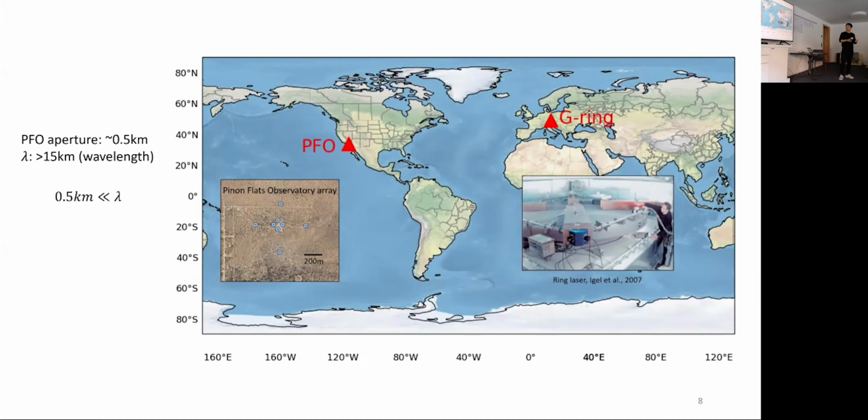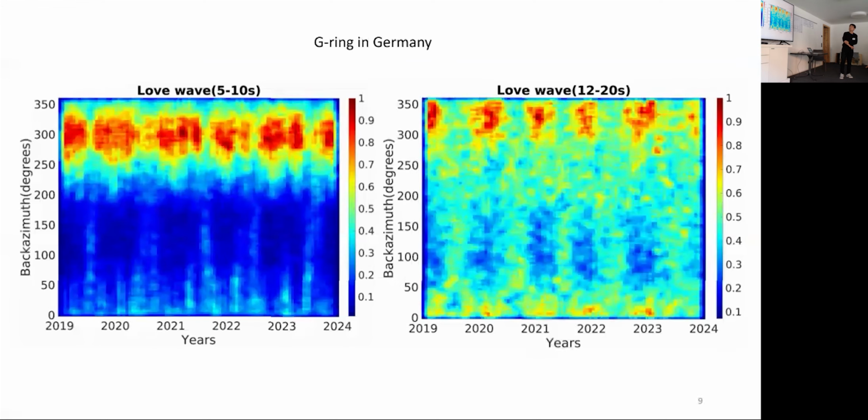Compared to the wavelength this is much smaller, which means this small array can be regarded as a point measurement. We also select another Jiren seismometer in Germany, and we use these two stations to estimate the noise source direction. First look at the Jiren data in Germany.